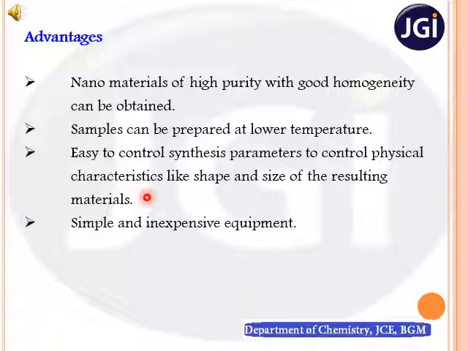Hence, we are able to obtain monodispersed nanoparticles by this method. The last advantage of this method is that it is simple and inexpensive, and can be done without any special equipment. So these are some notable advantages of the sol-gel method.